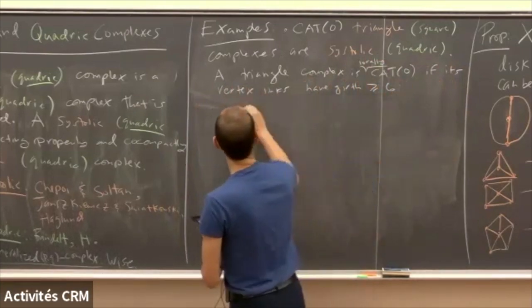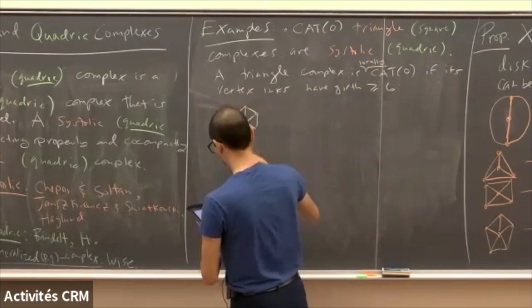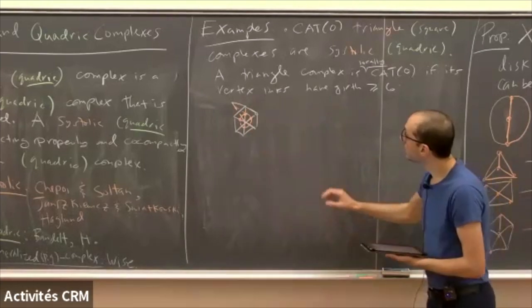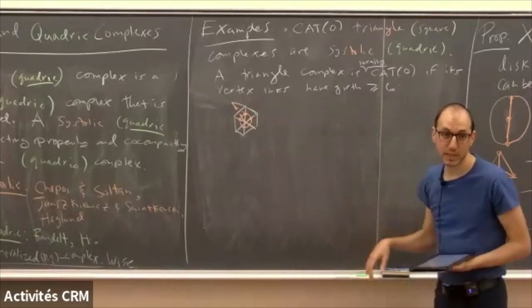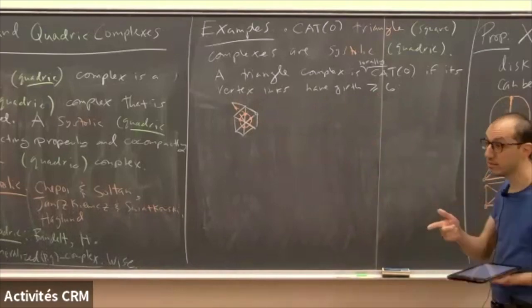To have girth at least 6 means that the shortest simple cycle in a link has length at least 6.